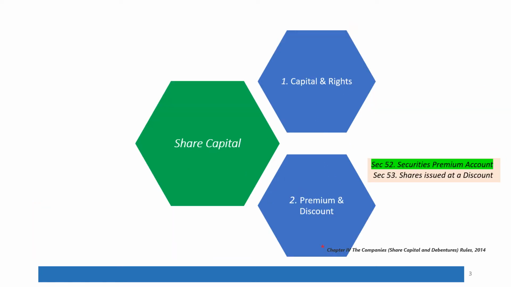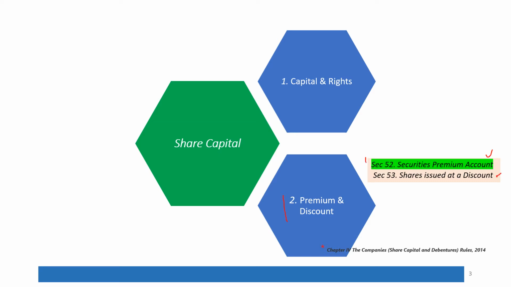Having covered capital and rights in our earlier video, here we will be dealing with premium and discount. Section 52 deals with share premium account and section 53 deals with shares issued at a discount.